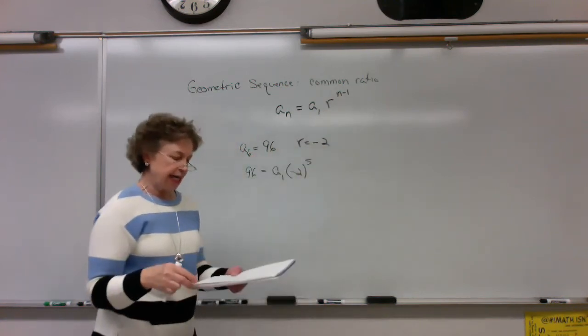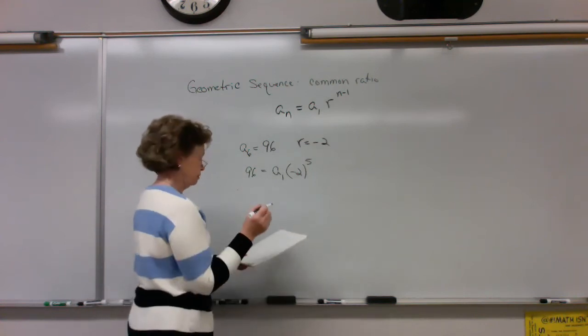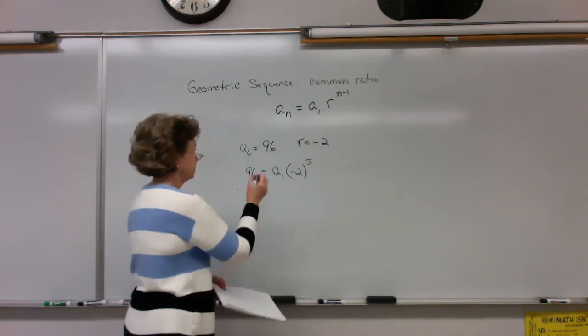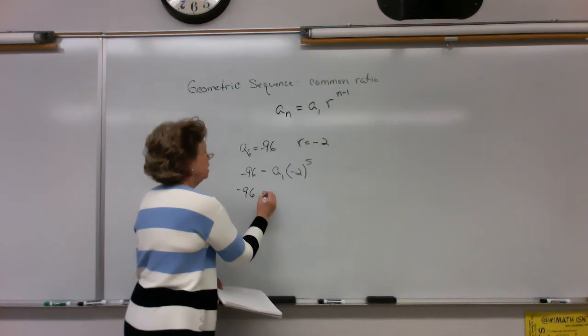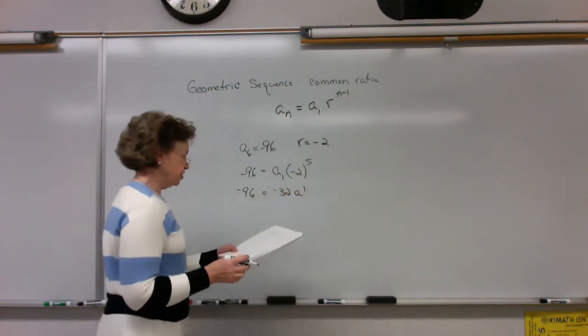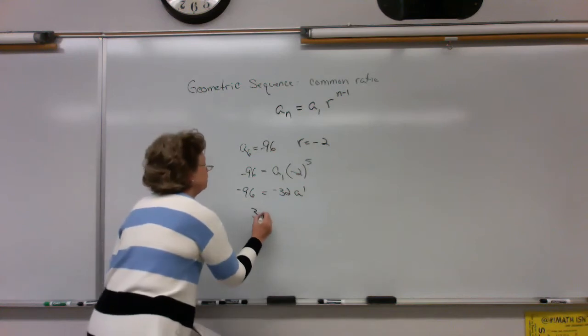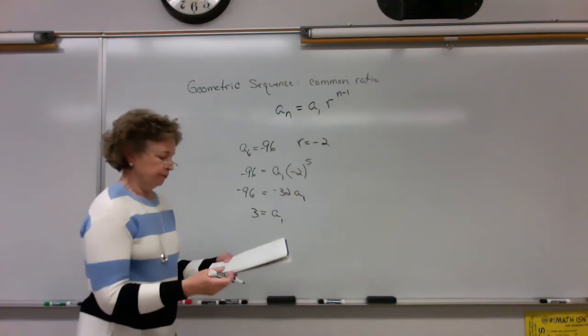And I'm raising that negative 2 to the fifth power. That means negative 96, sorry, it was negative 96. That means negative 96 equals negative 32 times a sub 1, and when we divide, 3 equals a sub 1.